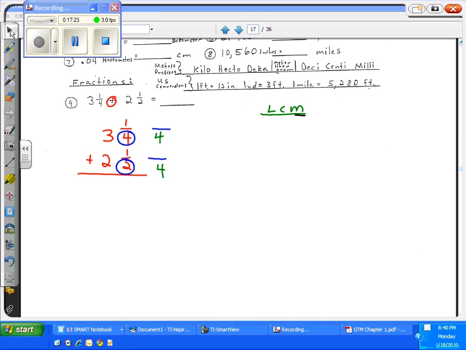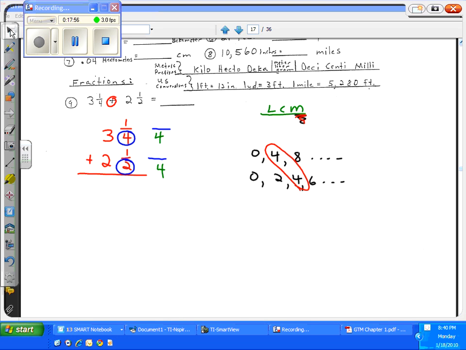When we look at multiples, not the way it teaches it on page 8, but what multiples are, the multiples of 4 are 0, 4, 8, etc. The multiples of 2 are 0, 2, 4, 6, etc. The least common non-zero multiple is 4. That's the common denominator. If they get big and yucky, then you need to use the prime factorization method on page 8 of the text to find those.